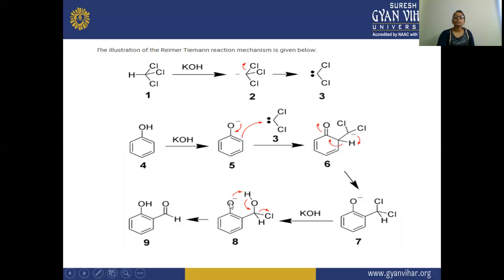So here there is a formation of bond, and this bond from this OH is shifted to this position, and there is a formation of double bond, and this chlorine also is abstracted from here. So this carbon valency is full, 1 2 3 4. This carbon valency is full, and here we will get an orthohydroxybenzaldehyde molecule.